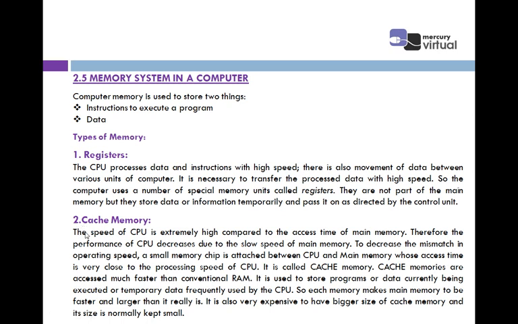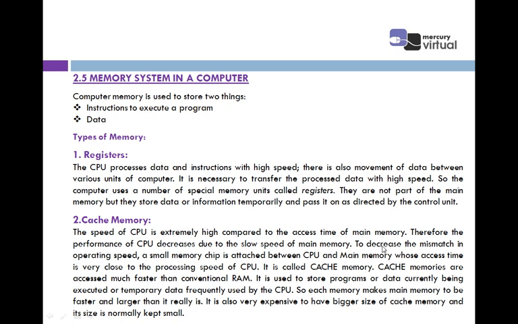Another one is cache memory. This is also known as cache memory, or the cache memory, anything. The speed of a CPU is extremely high compared to the access time of the main memory. Means the speed at which the CPU performs the operations is much higher than the access speed of the main memory.